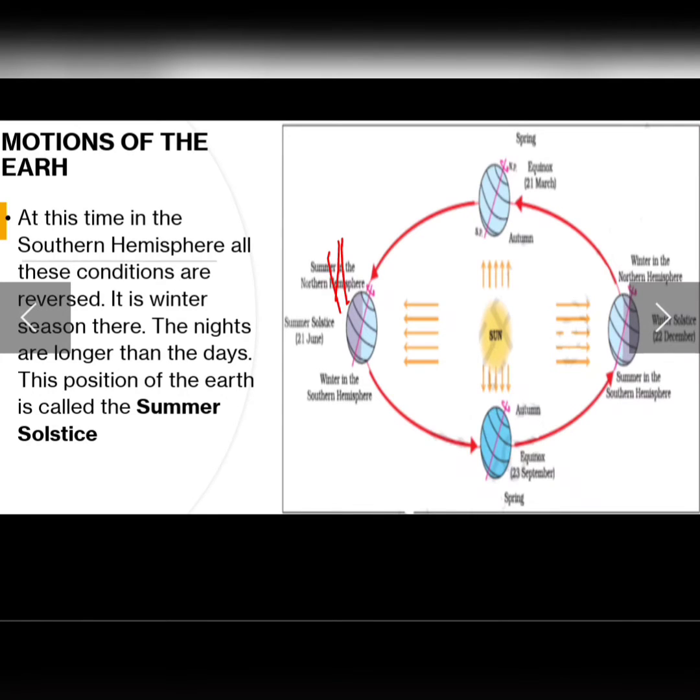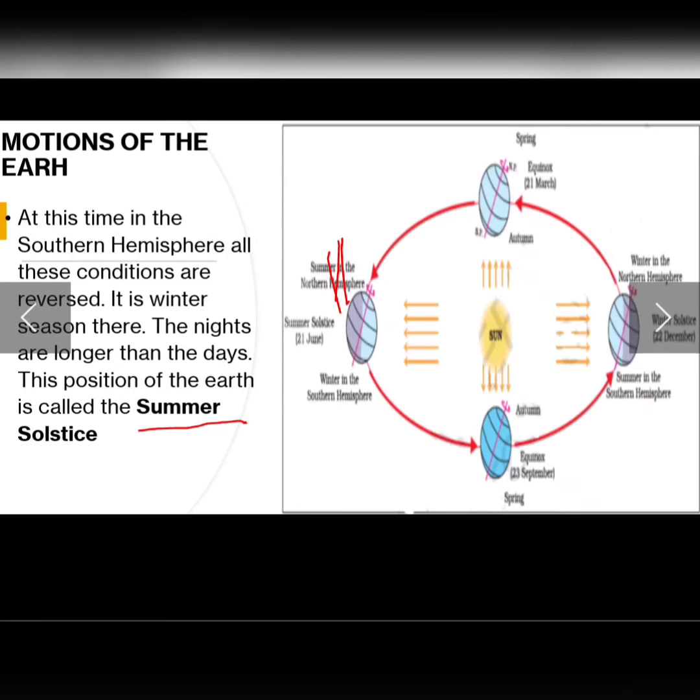The nights will be longer and the days will be shorter, and in this situation we call it winters. So hence we can say that in one part of the world we are experiencing summers, and on the other part we are experiencing winters. And this position of earth is called solar solstice.